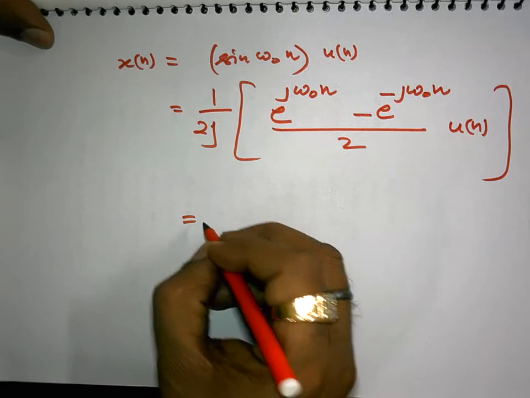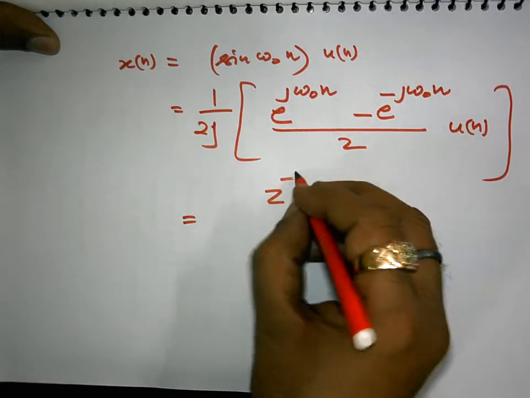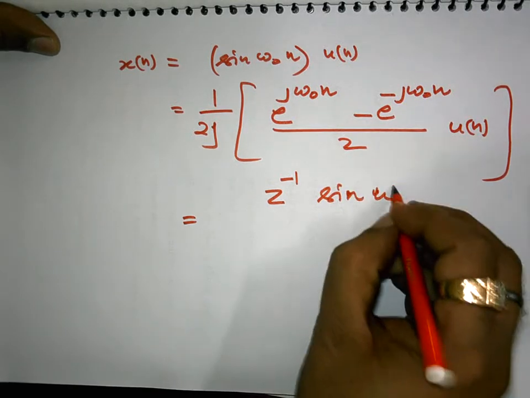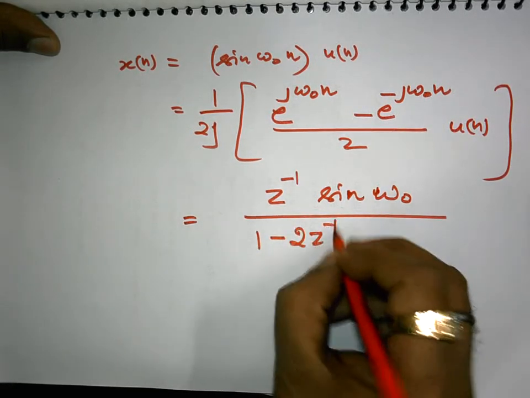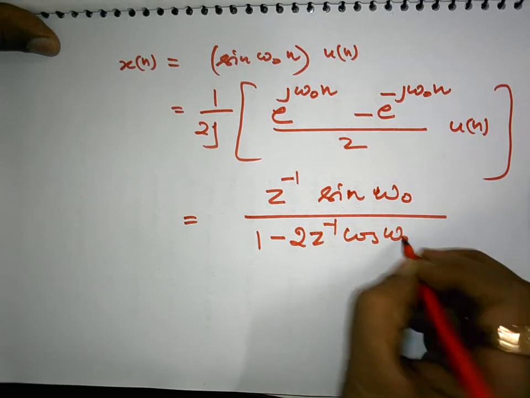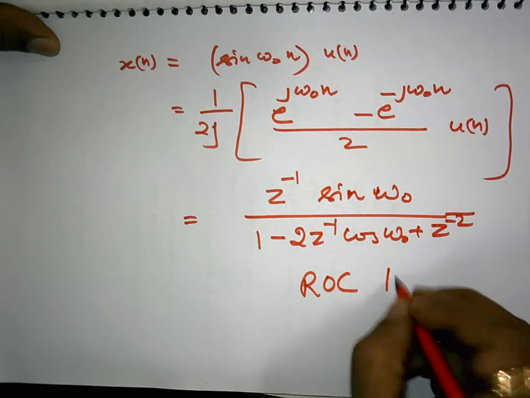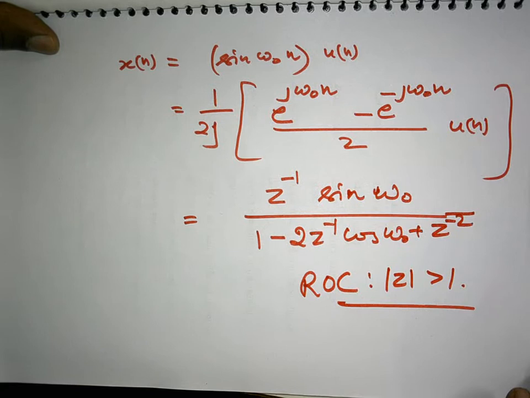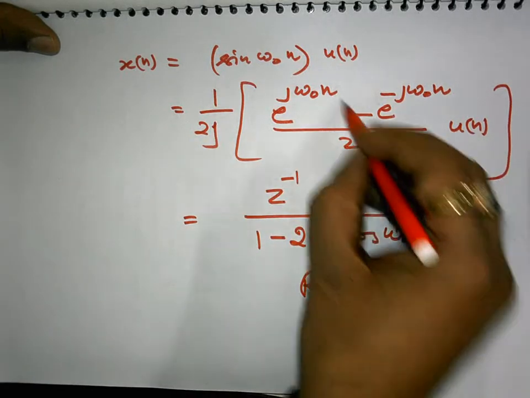Getting my point? Finally, you will reach the expression that this z transform comes out to be z inverse sin omega 0 over 1 minus 2 z inverse cos omega 0 plus z to the power minus 2, with ROC mod z greater than 1. You can very easily reach this point simply by solving these two expressions independently.